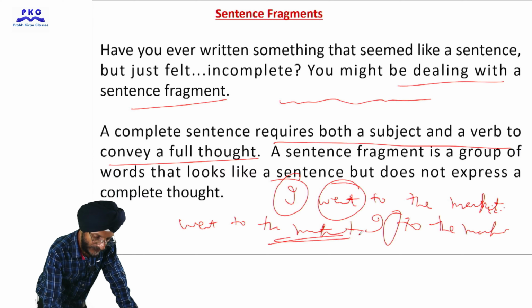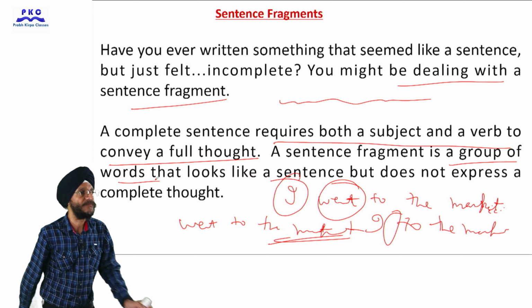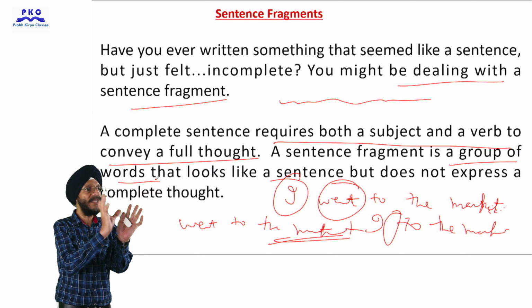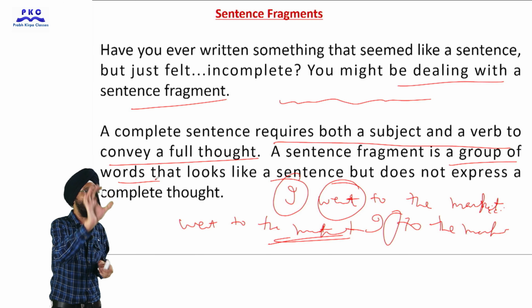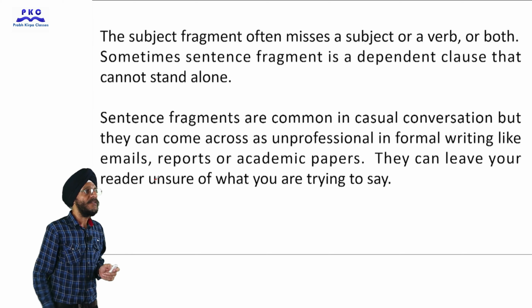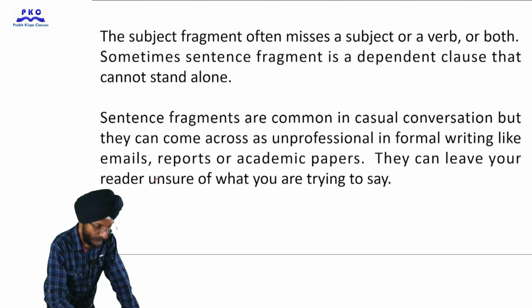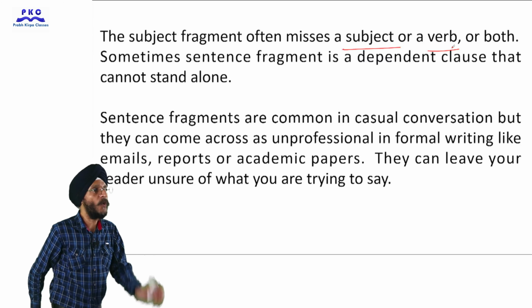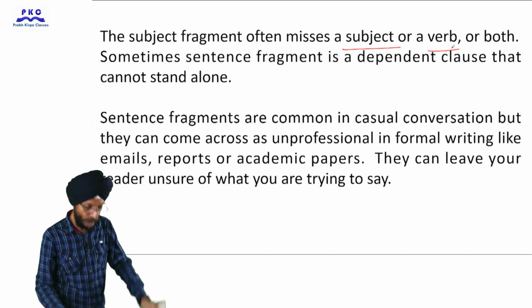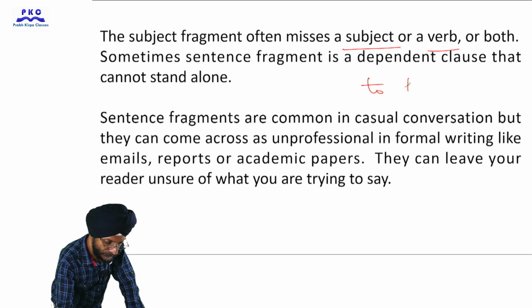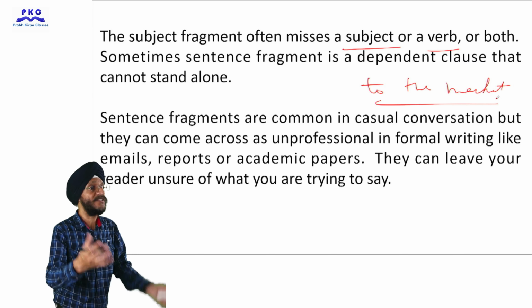A sentence fragment is a group of words that looks like a sentence but does not express a complete thought. A sentence fragment often misses a subject or a verb or both. If we say "to the market," it is a sentence fragment.